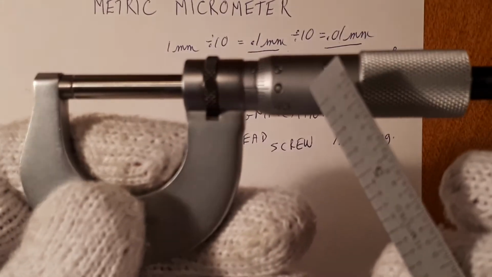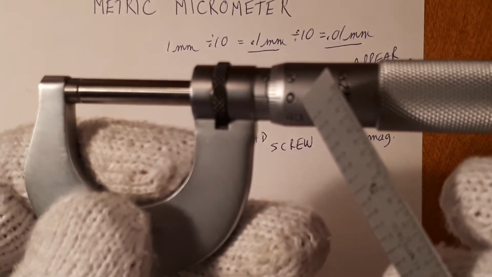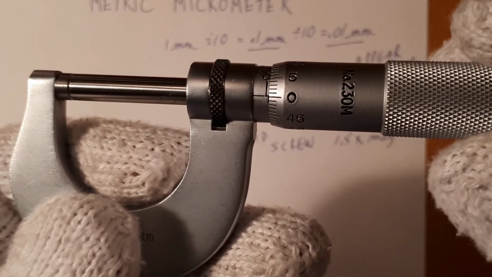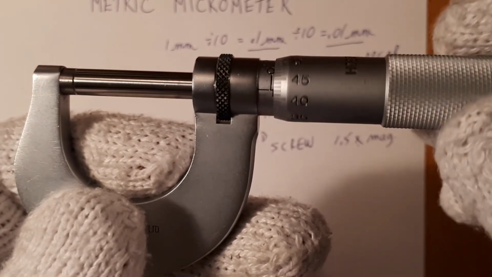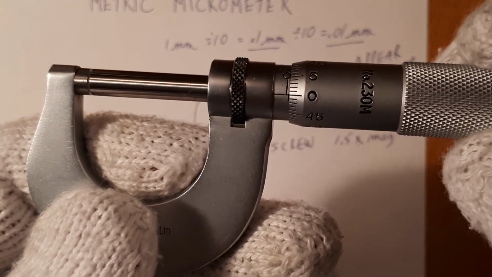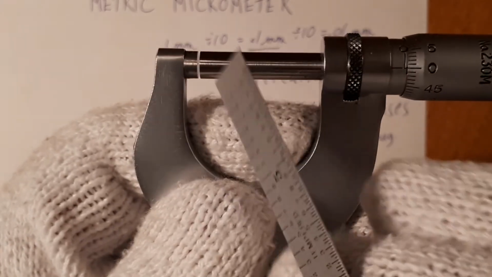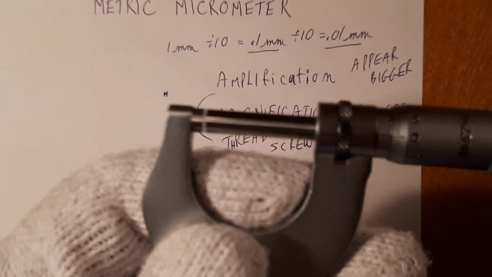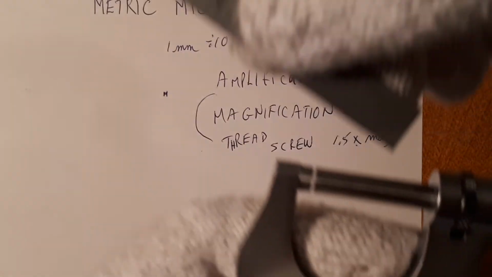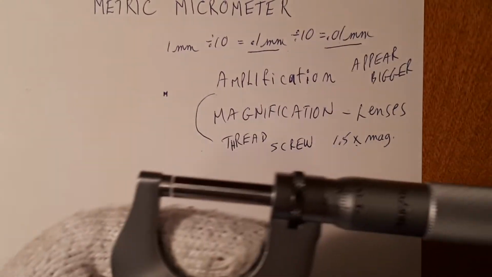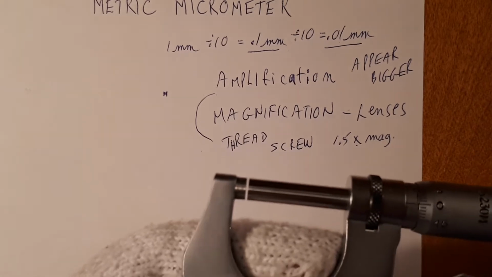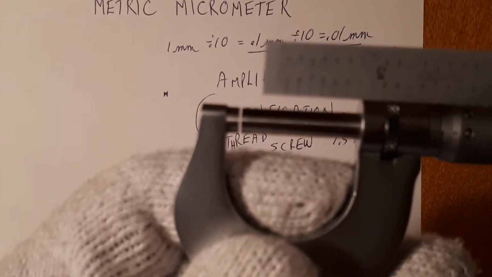Now this gap here represents 0.5 millimeters. It's represented on an amplification basis here on the thimble by the one complete rotation. All of that would represent this distance of 0.5 millimeters, my mistake, 0.5.